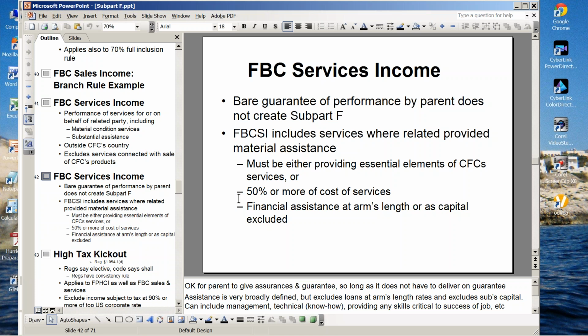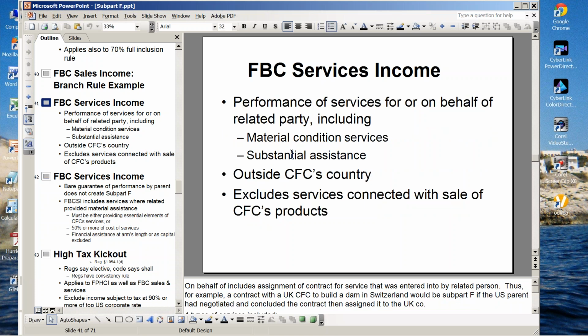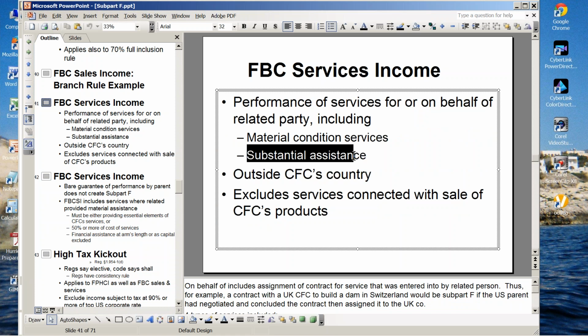This foreign-based company services income, let me back up a step before I cover this. Let's go back to the substantial assistance. This is what we're going to be talking about here: a limitation on what's included in substantial assistance.